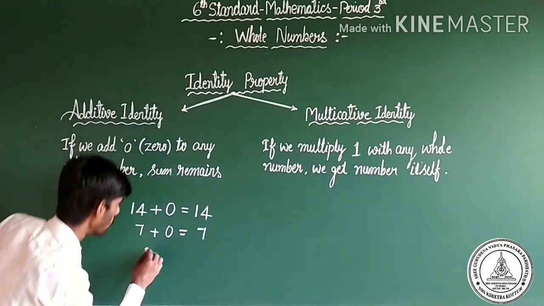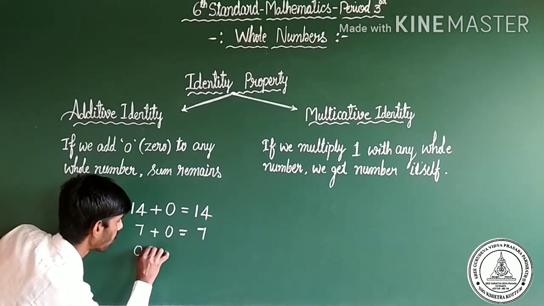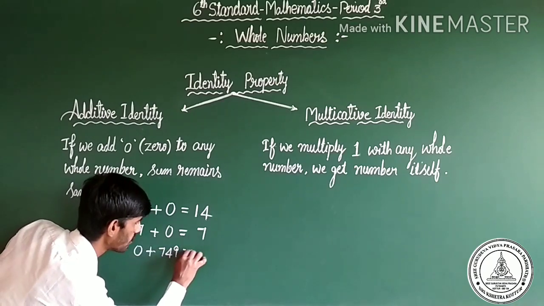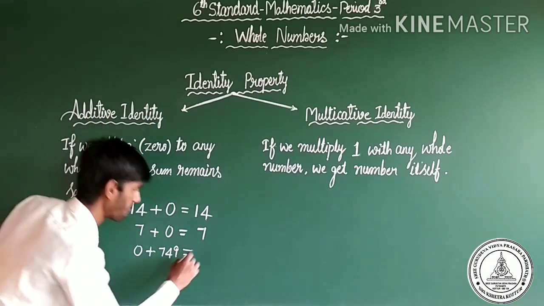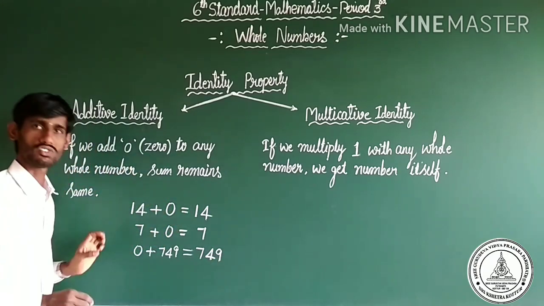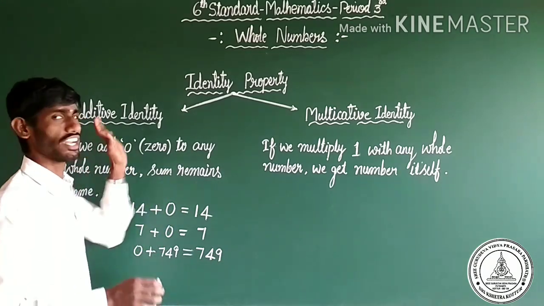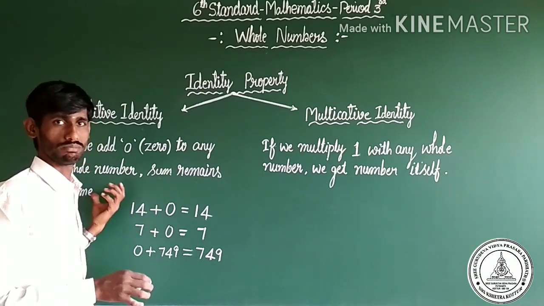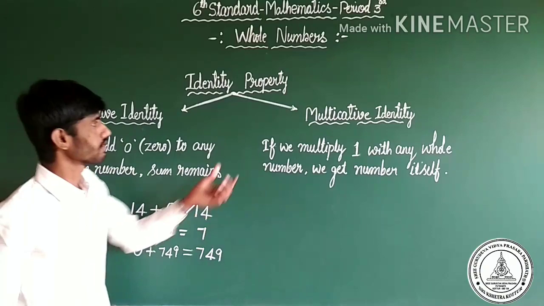Observe here, I change the order: 0 plus 749 is equal to 749. Are you clear, Chotu? Yes, this is the additive identity. You may take many whole numbers and try these.